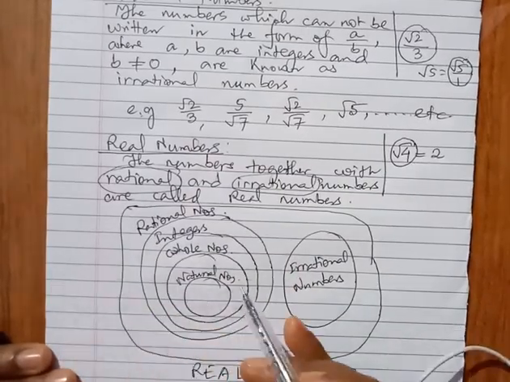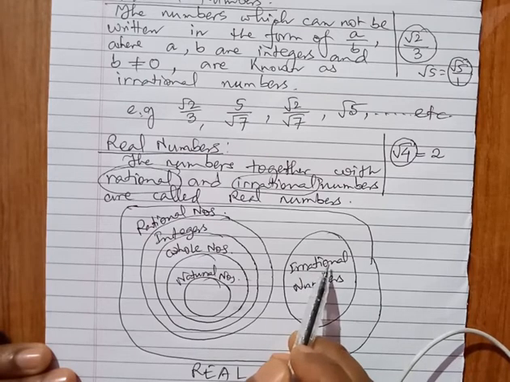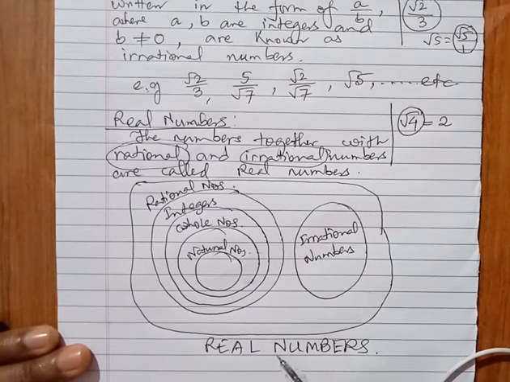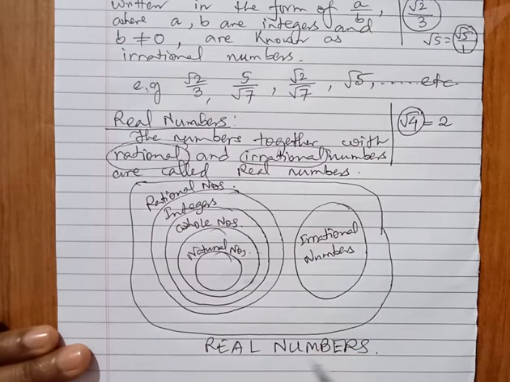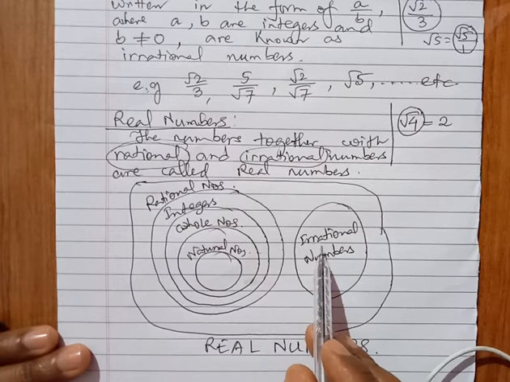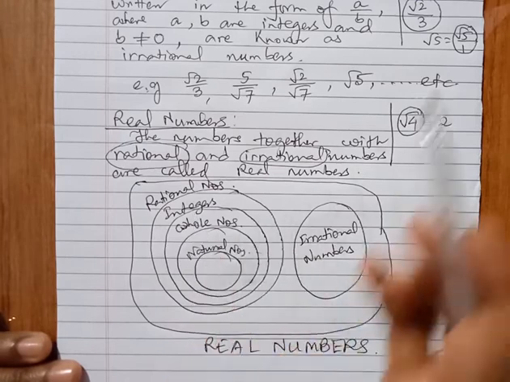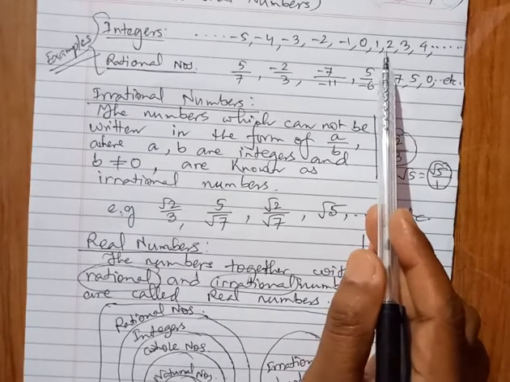In a similar way, you can say that every irrational number is a real number, because all the irrational numbers are contained in real numbers. But the converse is not true. That is, every real number is not an irrational number. For example, take the number 2.